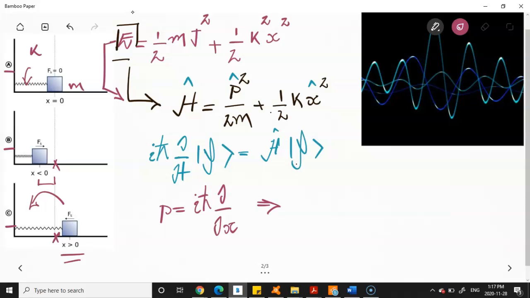There are many steps to simplify that, because you also have to incorporate the annihilation and creation operators. I'm not going to talk about that, but at the end you end up with the energy of the system being n plus one half, times h bar omega. H bar is the reduced Planck constant, and omega is the angular frequency of the oscillator, which oscillates back and forth around the equilibrium point.